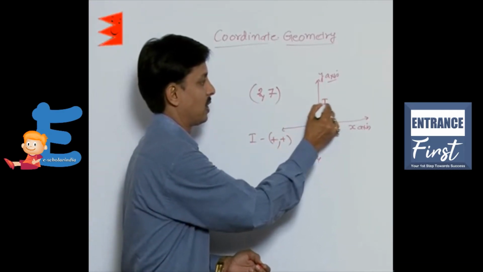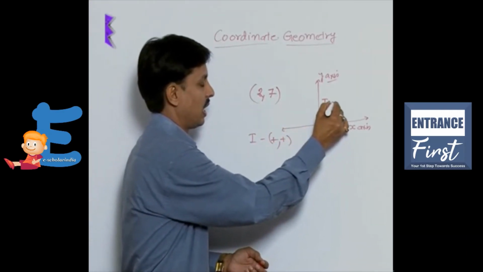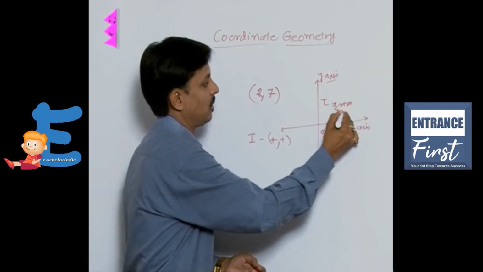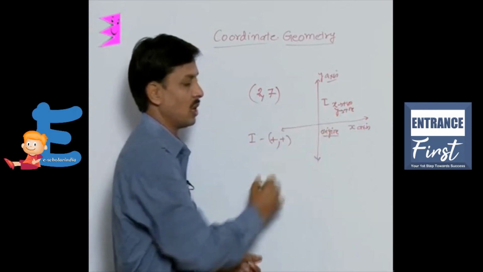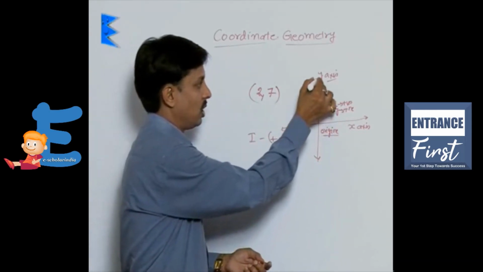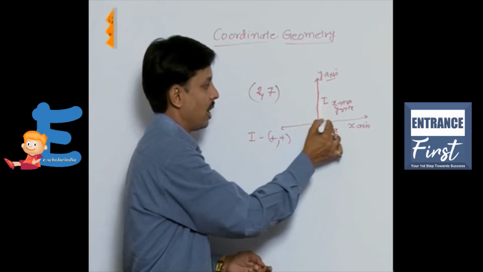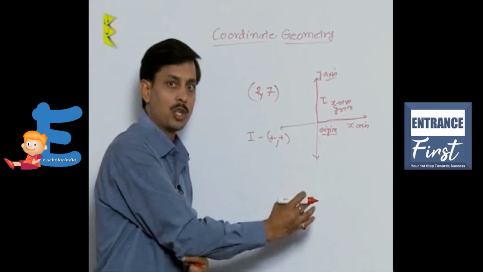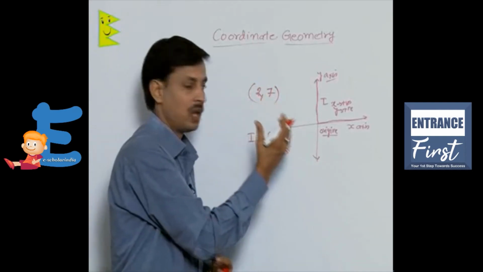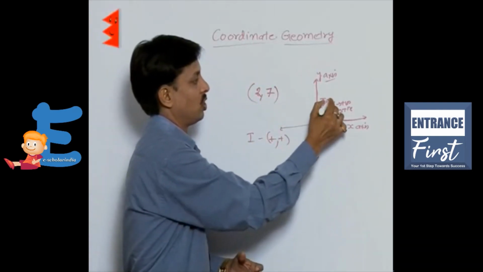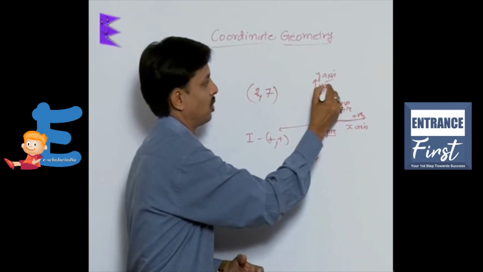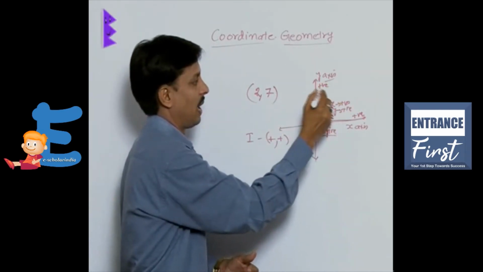This one is the first quadrant. Here x is positive and y is also positive. The reason is that this first quadrant is the zone or the part of the plane which is made by positive x as well as positive y. Positive x and positive y.